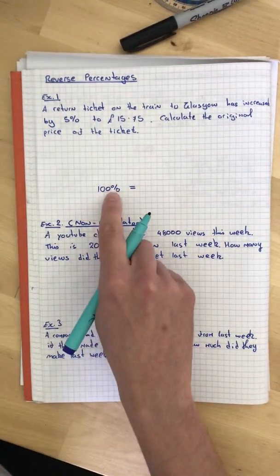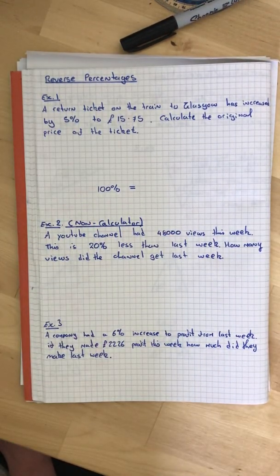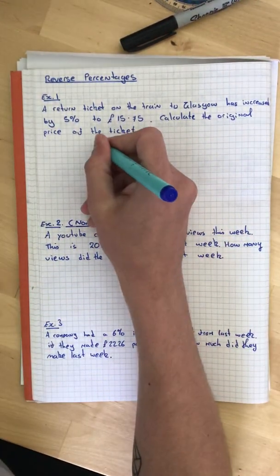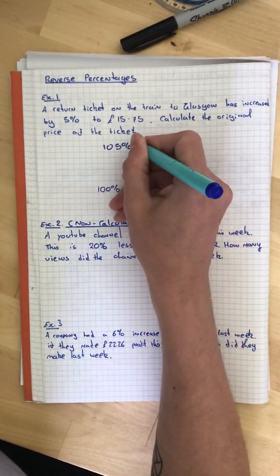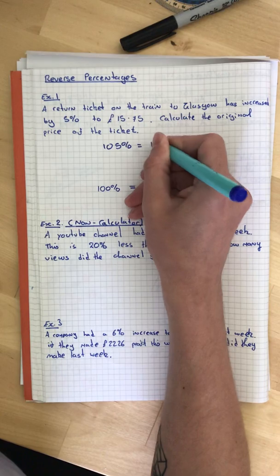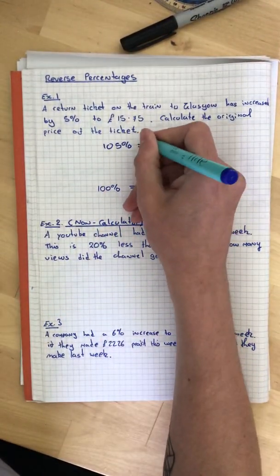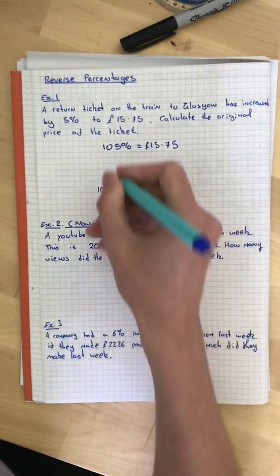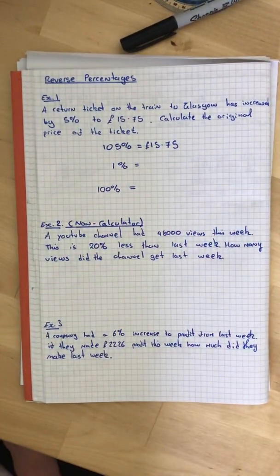So we don't know what that price is, we know the increased value. It has increased by 5%, which means that we know that 105% of the original value is 15.75. And so the easiest way to get to 100% is to find 1% and then to find 100%.